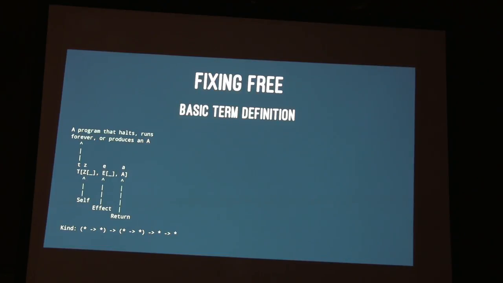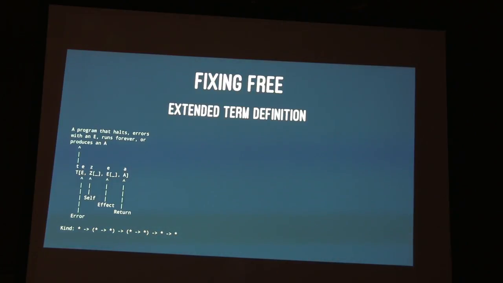And it's going to have a return type of A. And actually, I'm going to take that one step further because I want to bake the error type into that. Because most programs, I think, will most likely benefit from an error type. And if we don't use it, there's a way to represent that.